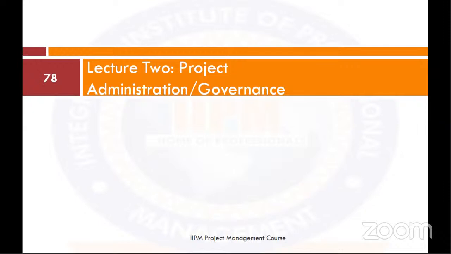Then talking about structures, again, we have the functional, we have the projectized, and we have the matrix structure. In a functional structure, you have structures where we use more of the office title as the description of that particular role.